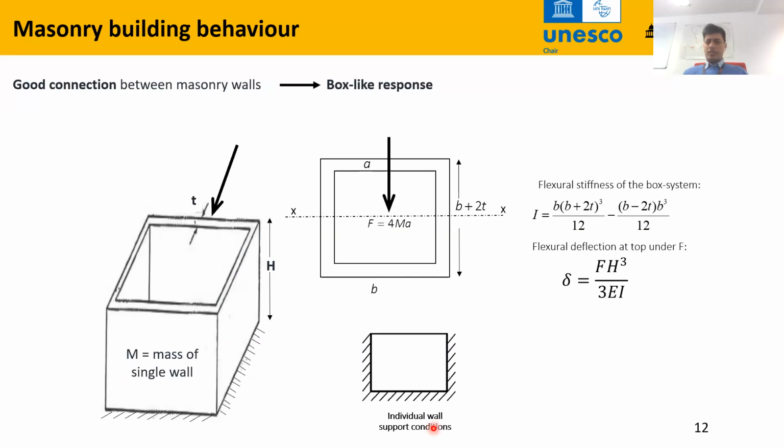And instead, if we have all the walls connected properly, resulting in a box, then if we again assume cantilever action, the moment of inertia will be given combinedly by all the walls, and we can achieve higher stiffness, therefore very low displacement.